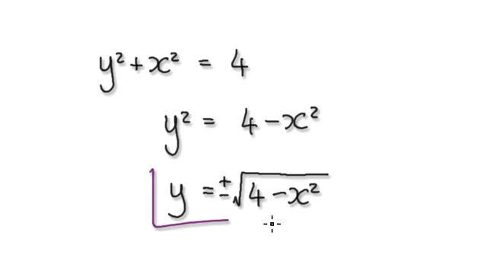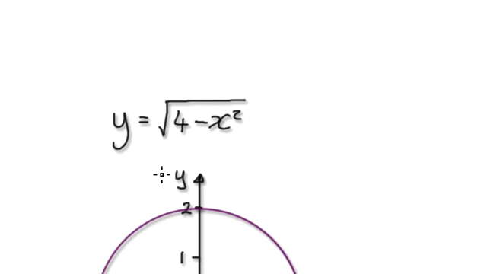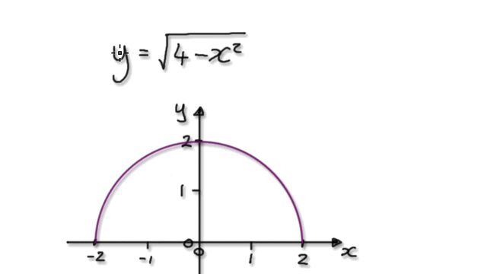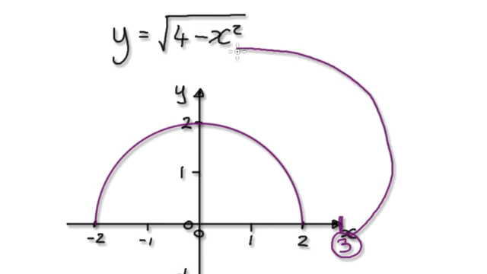So this is another way of looking at it. If you draw a graph of y equals square root of 4 minus x squared, it will give you this. So if you look at when x equals 3, if you put 3 into here, this bit will be 9.